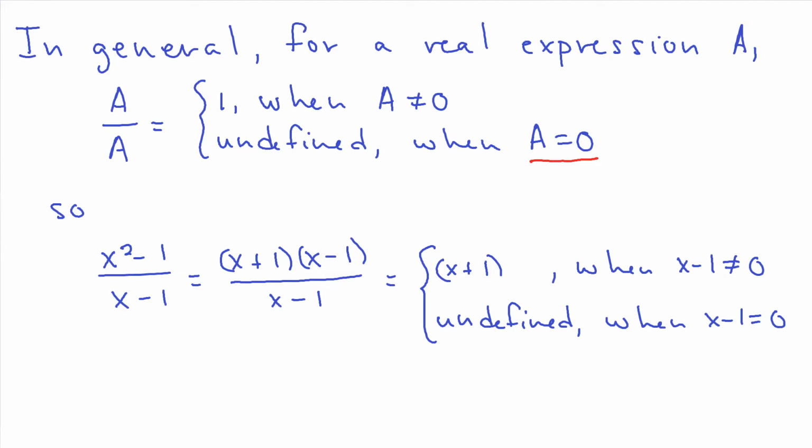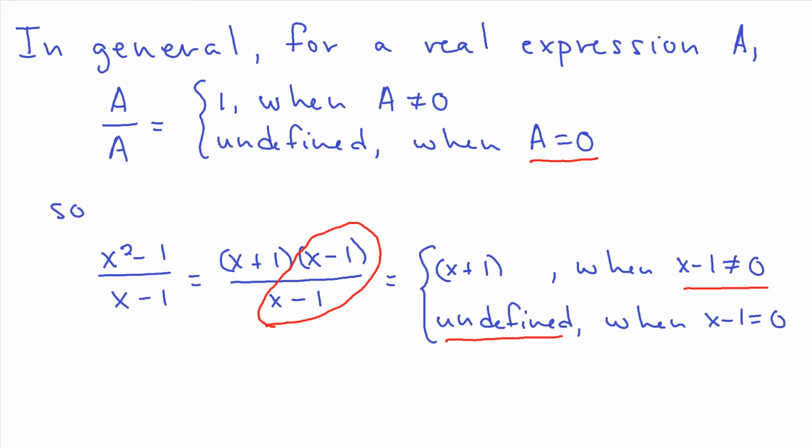You do not get 1. This expression is undefined. So again, in the context of our example, we could cancel our x minus 1s on the top and the bottom as long as x minus 1 was not 0. But anytime x minus 1 is 0, they can't cancel, and so the expression is undefined. So that is what is going on.